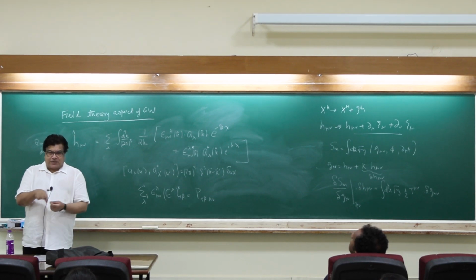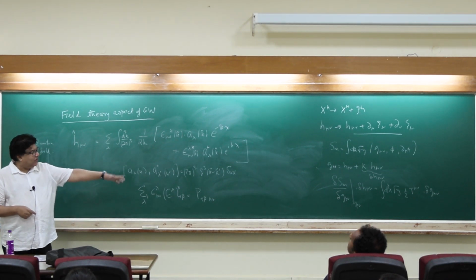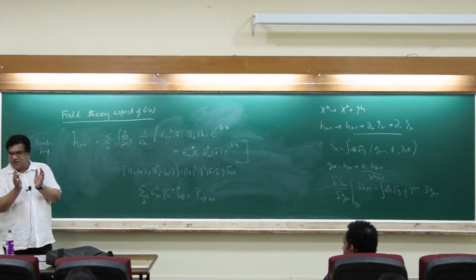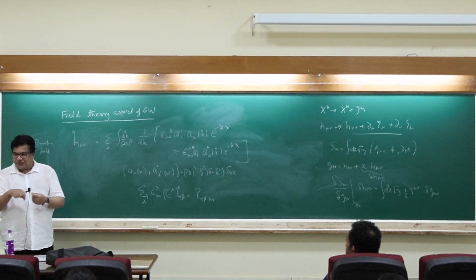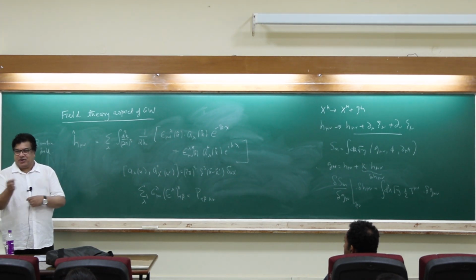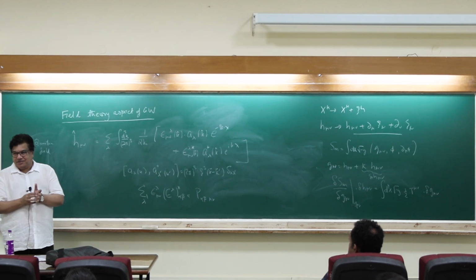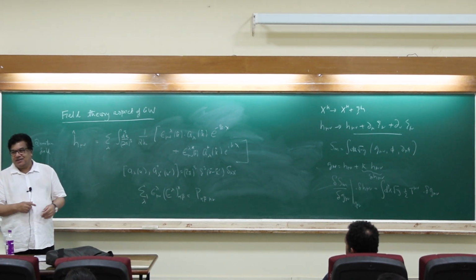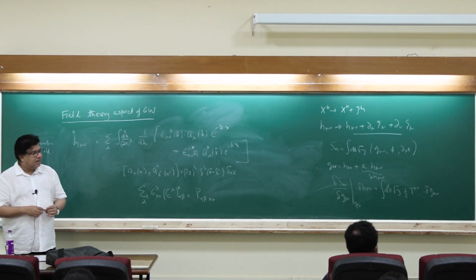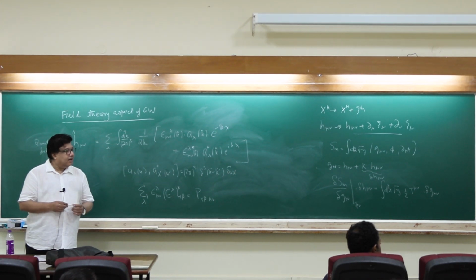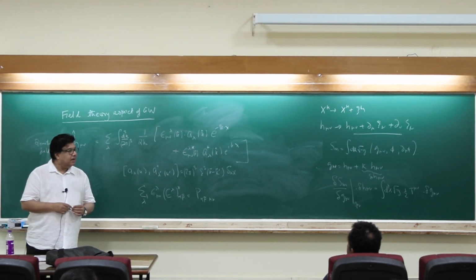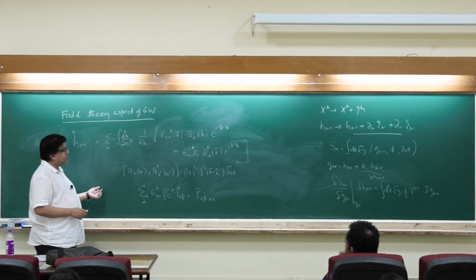Up till the merger, I will show you, this gives you the correct waveforms. We have calculated for elliptical orbits and hyperbolic orbits, but at the merger this does not work. We get the right result in the inspiral phase. There are two types of inspiral we will study.